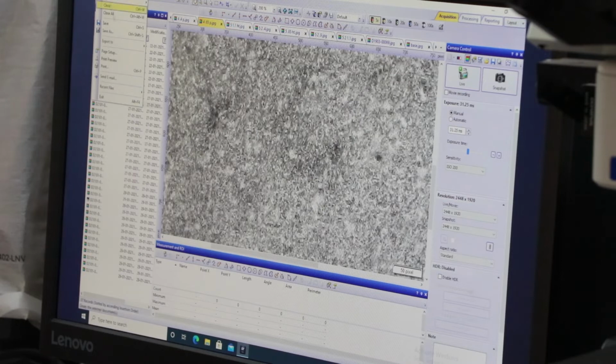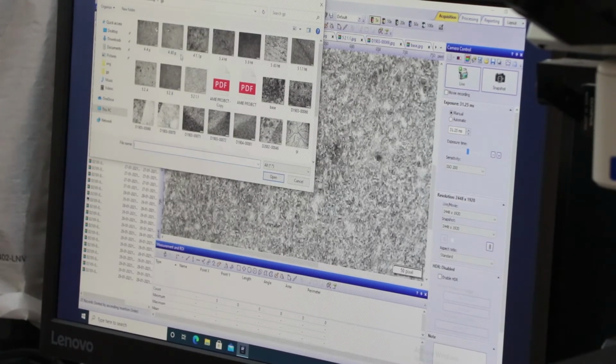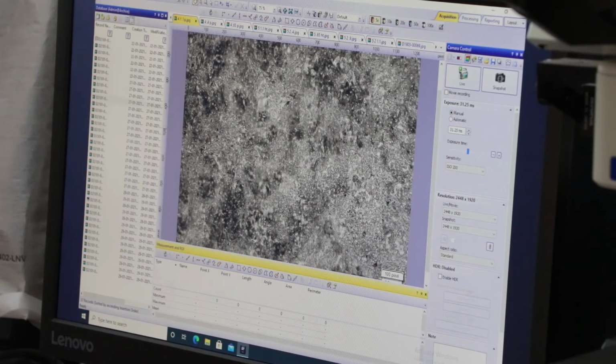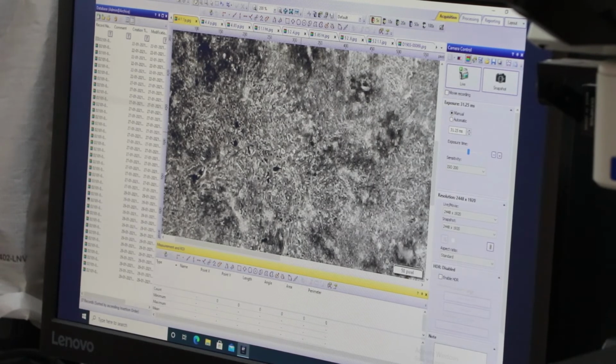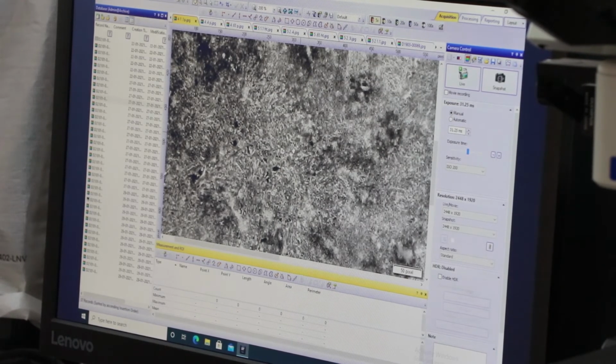Next, sample number 3, carbon percentage 1.1, furnace cooled from 750 degree centigrade.